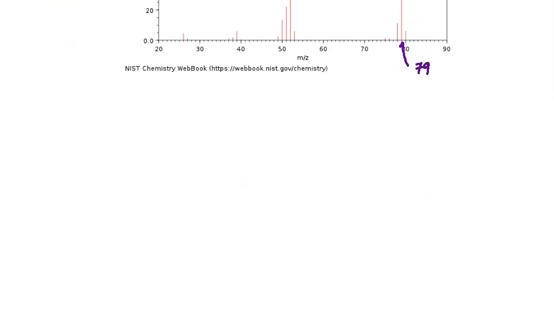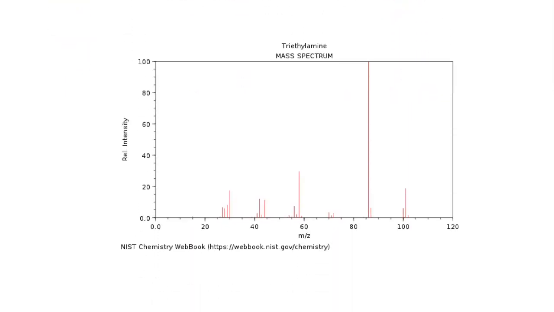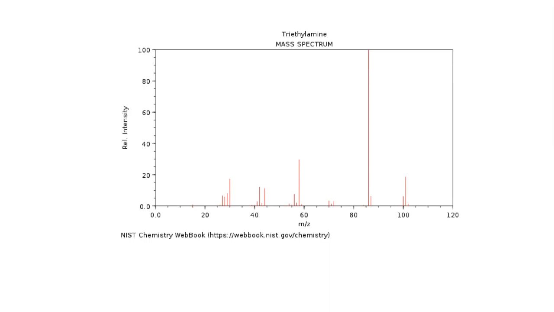So, if I come down and take a look at another, this is for triethylamine, and when I take a look at this one, the mass here is showing up at 101. So the same principle applies with the odd. Because we're at 101, we would expect an odd number of nitrogens.